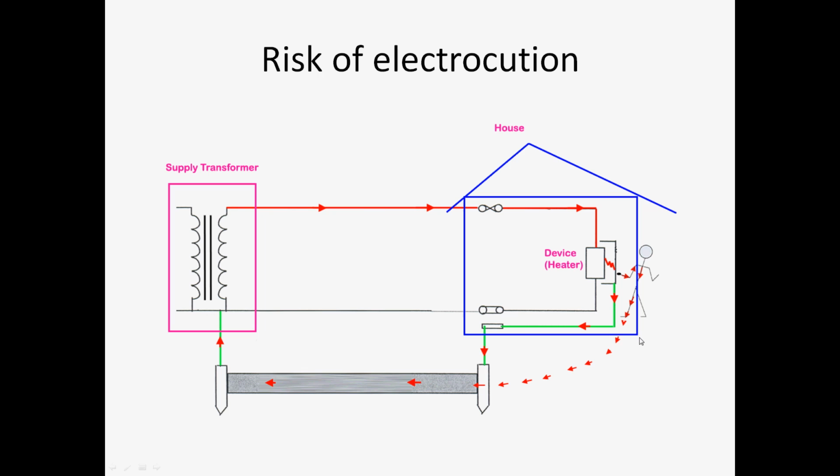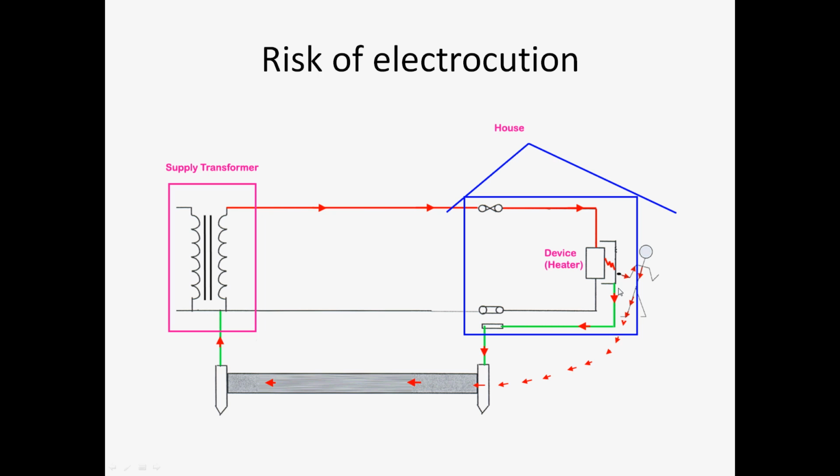But even here this earth wire does provide a protection, because the resistance of this part is very low compared to the resistance of the body. This will carry most of the current, but still it is desired to isolate this point by blowing this fuse, or by stopping the supply, to fully eliminate the risk of electrocution to the person handling this heater.